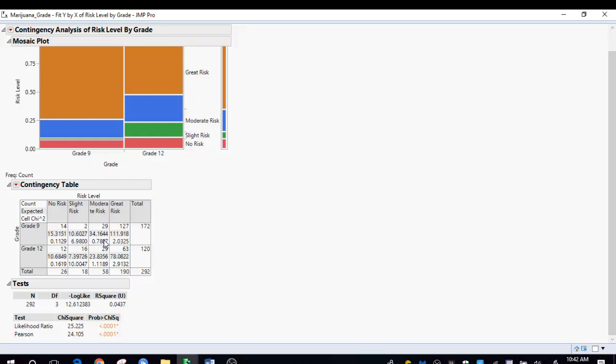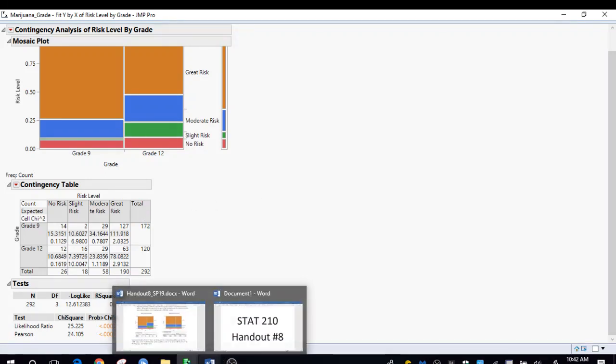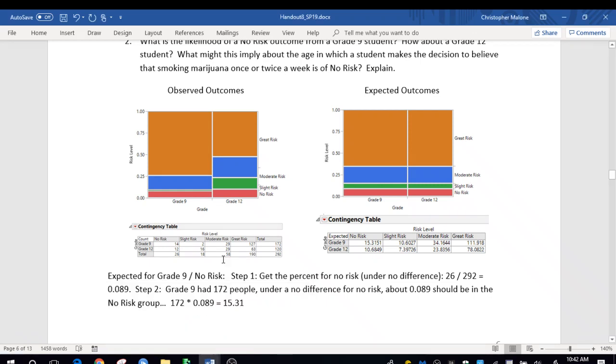If I just scan across and look at all those, we can see that the slight risk groups are very different here. The cell chi-square is quite large for both grade 9 and grade 12 underneath that slight risk category. So just holistically speaking, I have big differences between the observed and expected for that slight risk group. And you can see that over here on the graph as well. That would be the green boxes here. They look very different on the left than they do on the right.